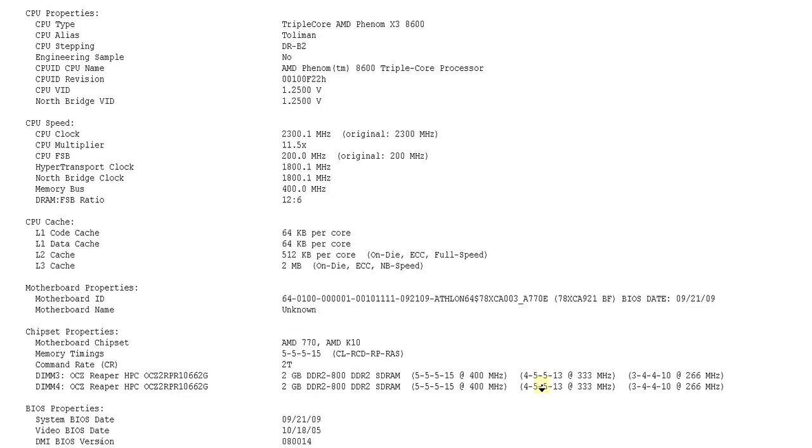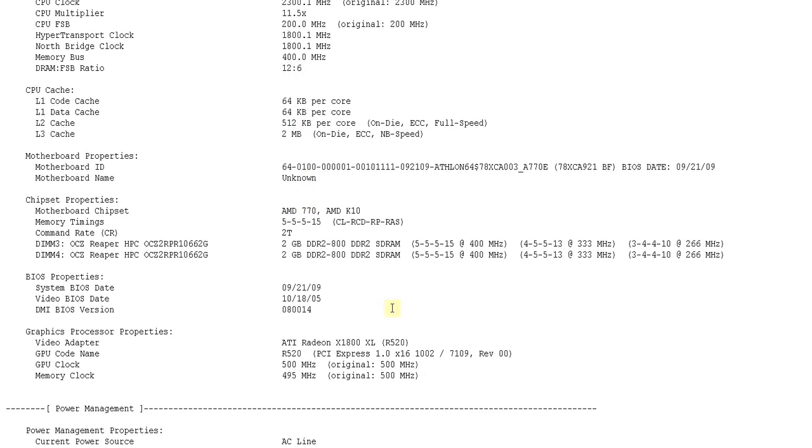The overclock. Alrighty. The DRAM ratio is always a tip off of how late your system is. And it has a Radeon 1800, so we're a little back in the day here.